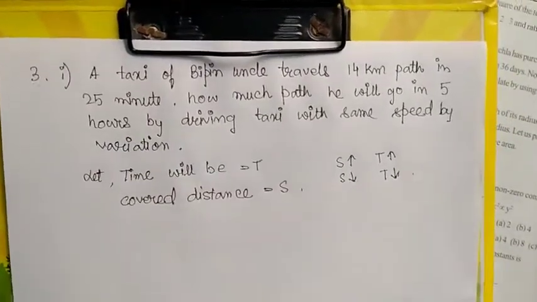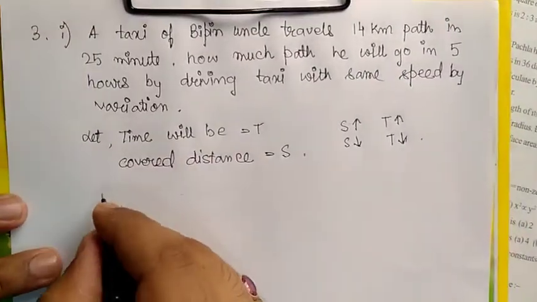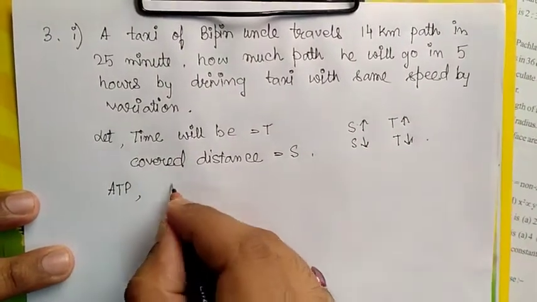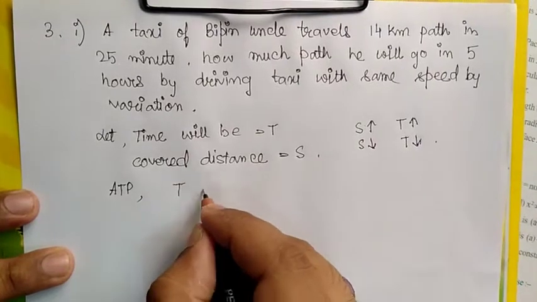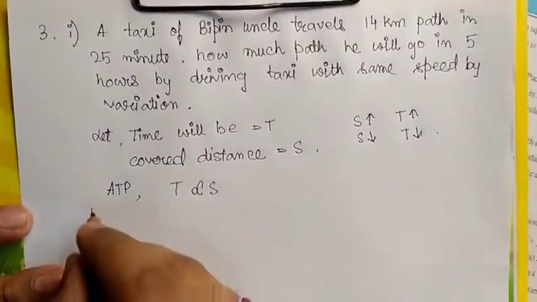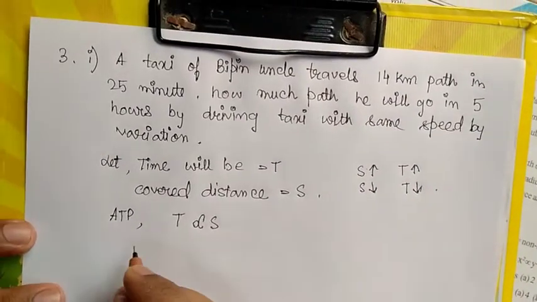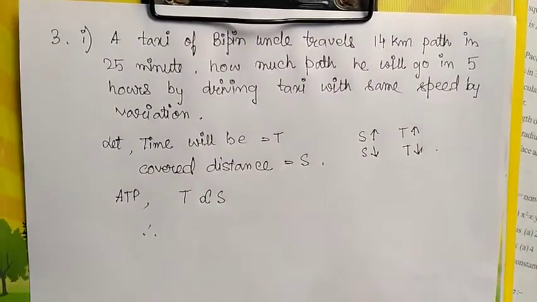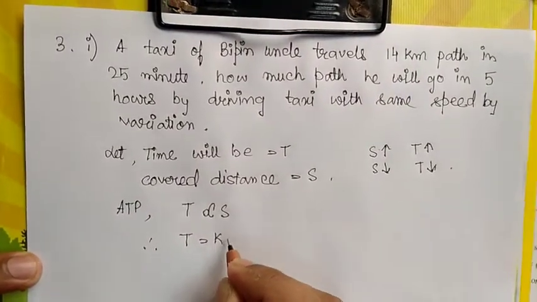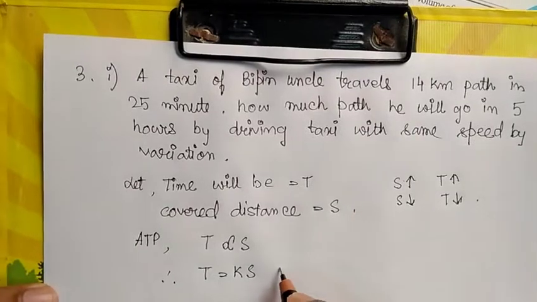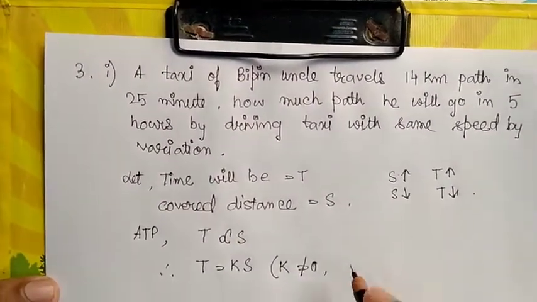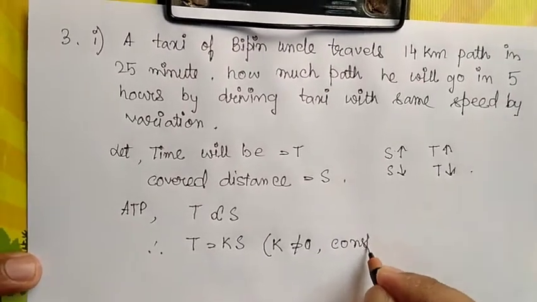Now according to the problem, t is in direct variation with s. Now putting those values, we get therefore t equal to ks, where k not equal to 0 and constant variation.